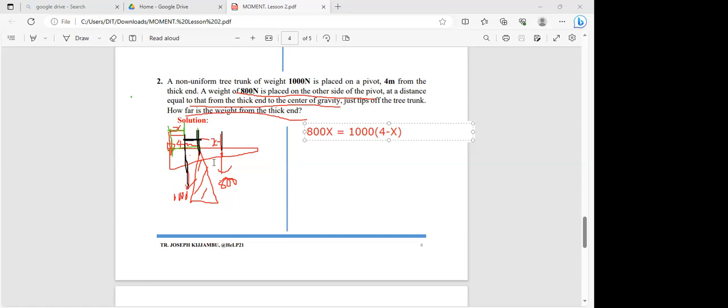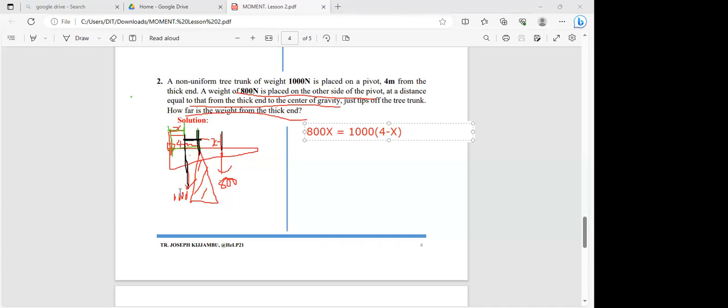So the bigger side will take much of the weight of the body. That's why I'm assuming the side which has the thick end is where the weight of the body is. It's where the 1,000 will be acting.